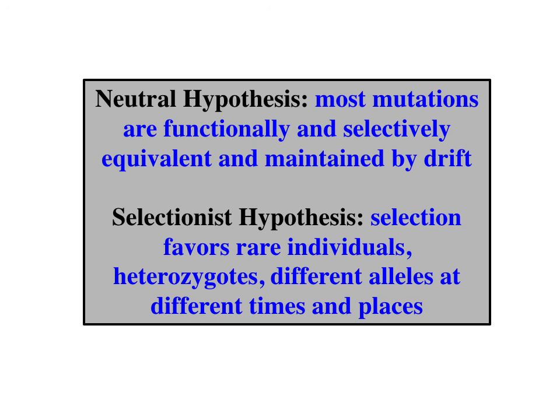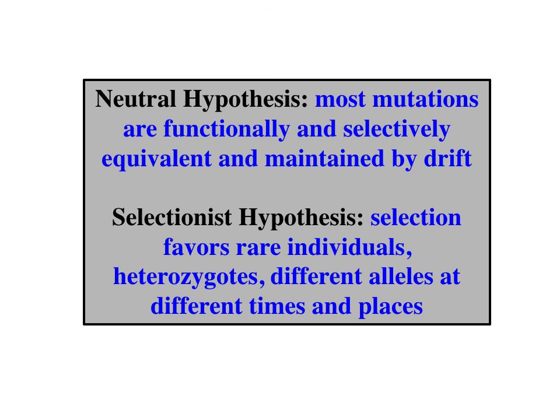On average, they aren't deleterious enough to get weeded out of the populations, and they're not advantageous enough that they're going to go to fixation at 100% of the population. So that's what we know as the neutral hypothesis.